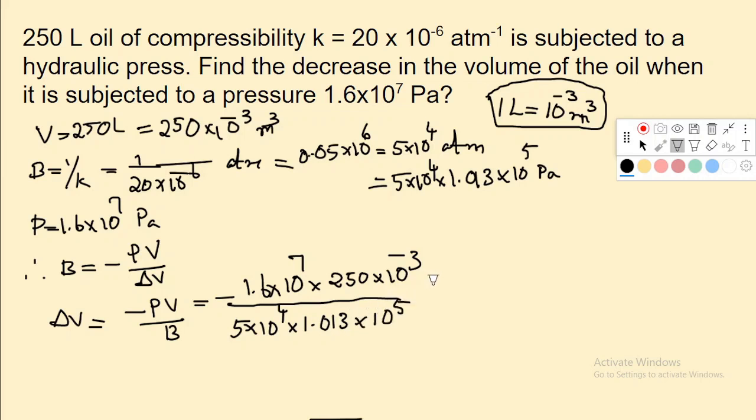So after proper arranging the powers of 10 and calculation, you will find that the change in volume is equal to 0.82 meter cube. That is the change in volume. Here the negative sign implies that the volume is decreased.